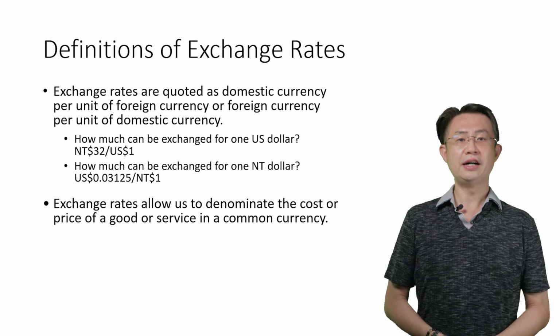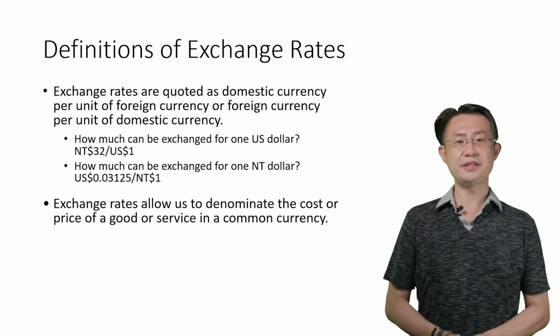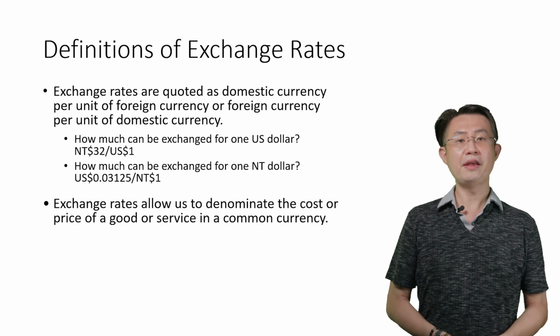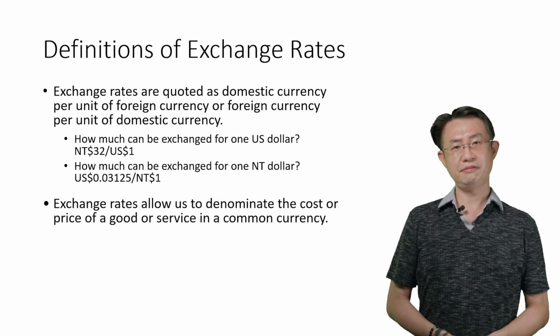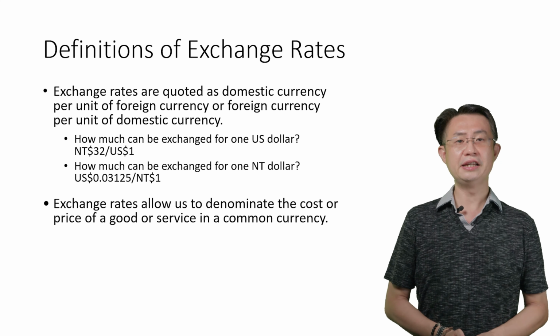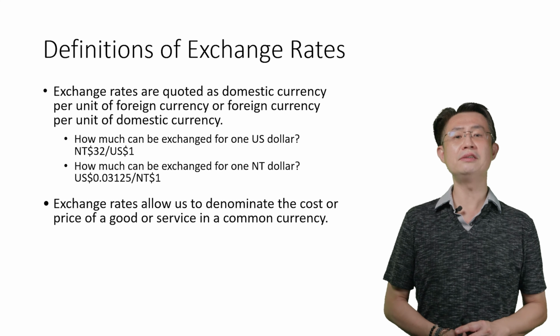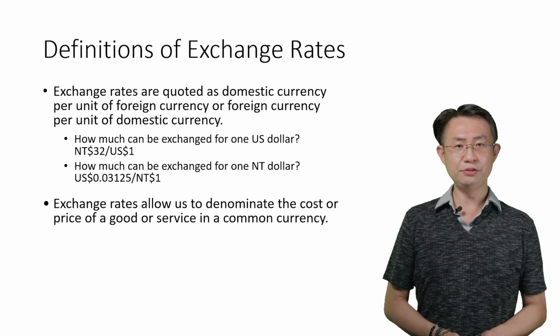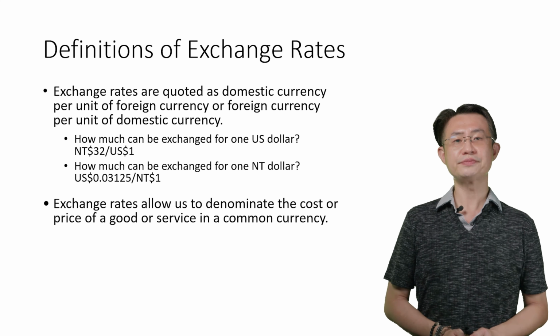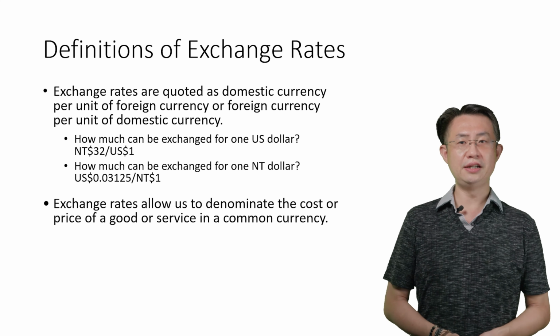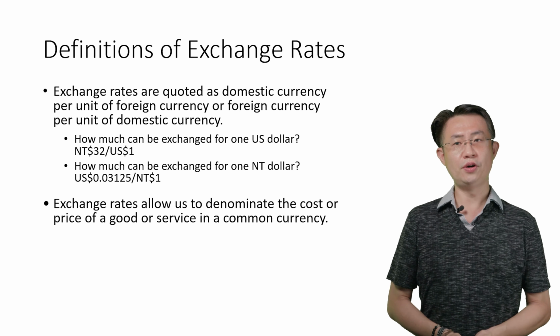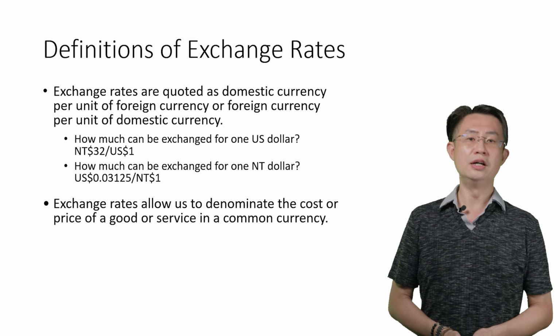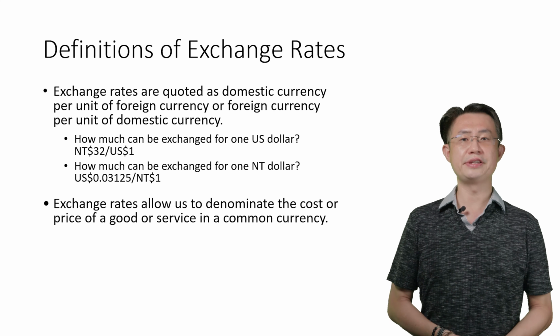At the same time, the Asus notebook sold in Taiwan, we have to spend 30,000 Taiwan dollars, right? That means if the current exchange rate equals 30, the same Asus notebook will sell at the same price in two countries, right? So the exchange rate allows us to denominate the cost or the price of a good or service in a common currency.